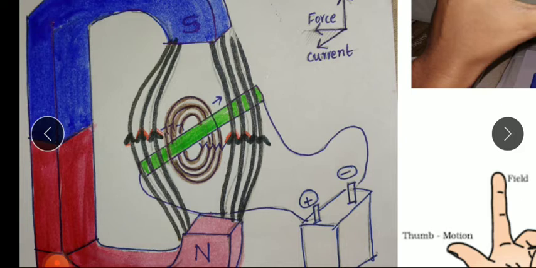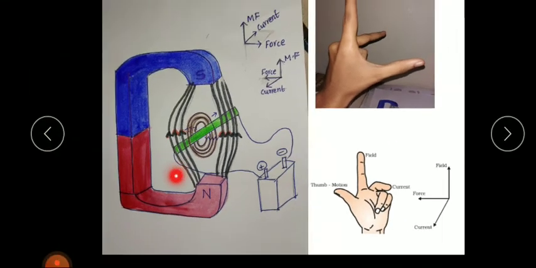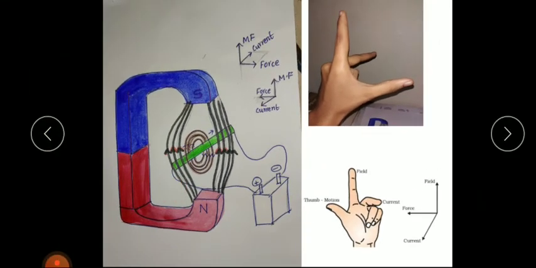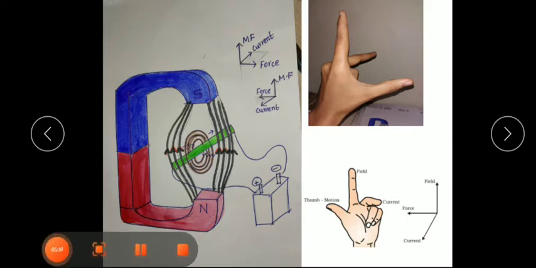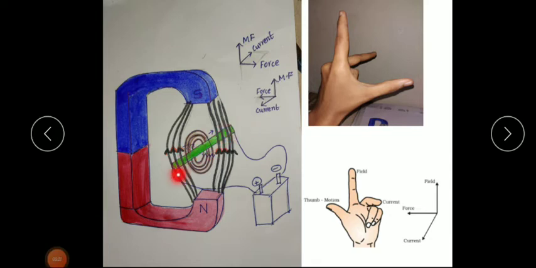Both the field lines will cancel each other, and here both the field lines are in the same direction. So the resultant magnetic lines will increase, and this copper wire will experience a force in the direction from here to here. That is, this copper wire will experience an outward force.